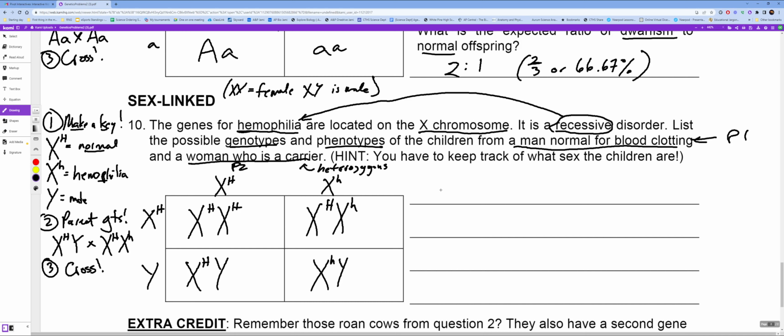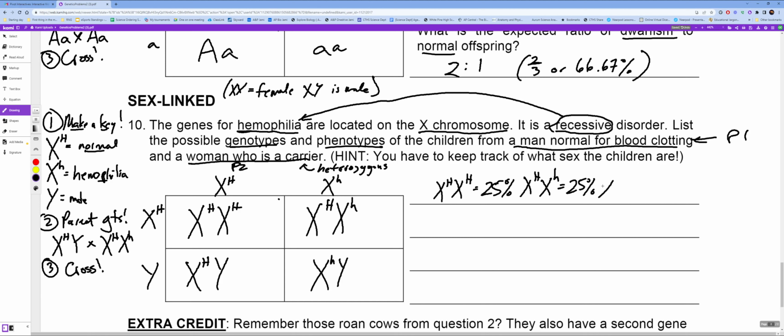So genotype ratios, X big H, X big H. We have one of those, so 25%. This should be pretty easy for you to do at this point. X big H, X little h. Also have 1 out of 4 of those. That's also going to be 25%.